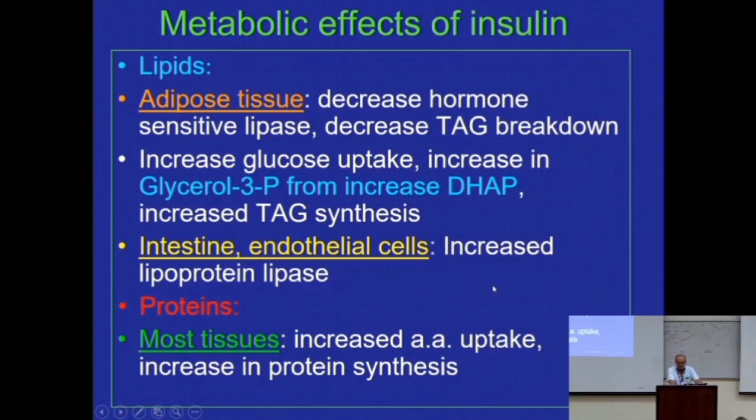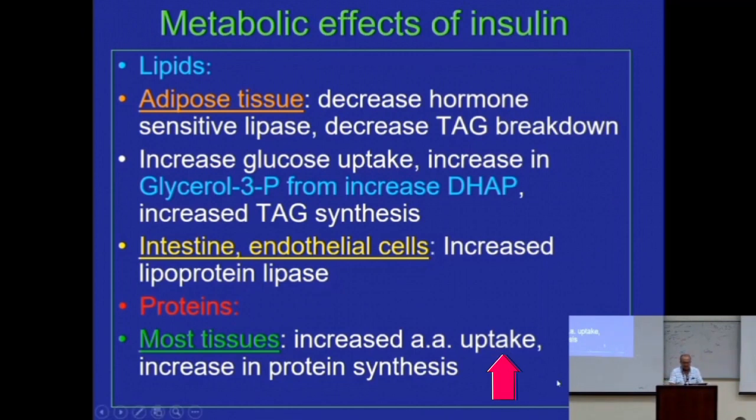In most tissues, as I mentioned, so here we have increased synthesis of TAG, decreased lipolysis. The other class of molecules, proteins, you're going to basically increase protein synthesis in most tissues because there's plenty of amino acids in the bloodstream after a meal, and all the tissues will try to pick them up to replace what was turned over in a prior cycle.